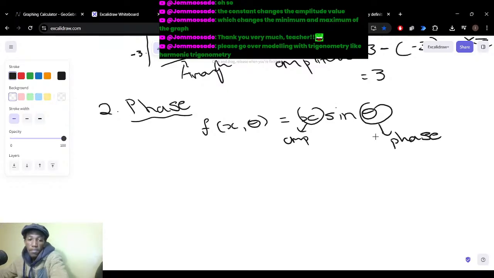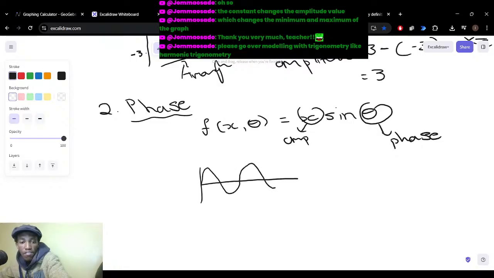So given another graph, let's write this. So here, this is a sine graph. This is the theta axis.